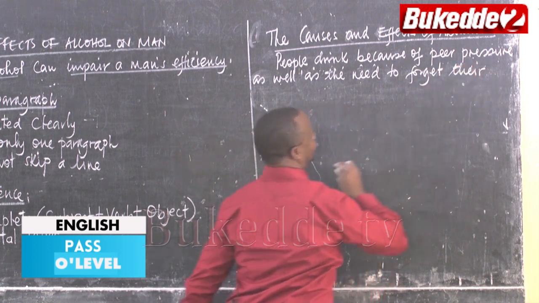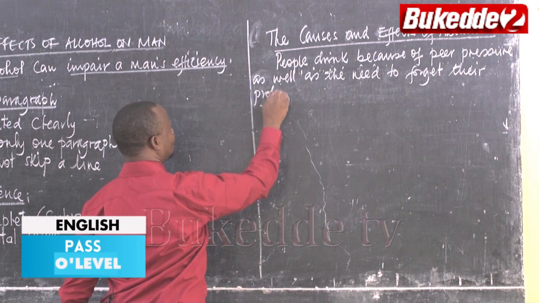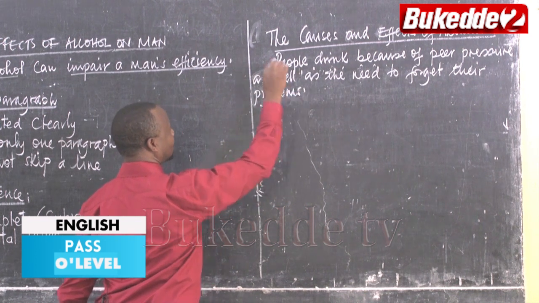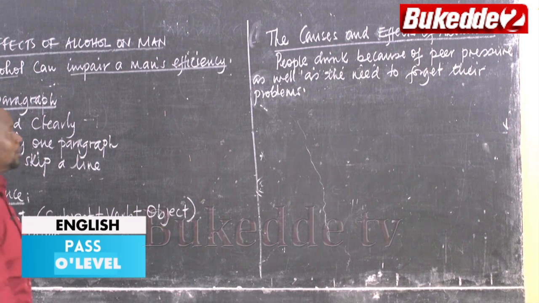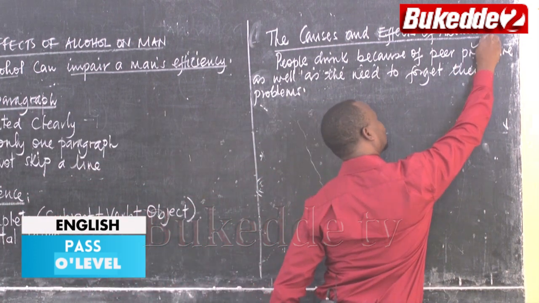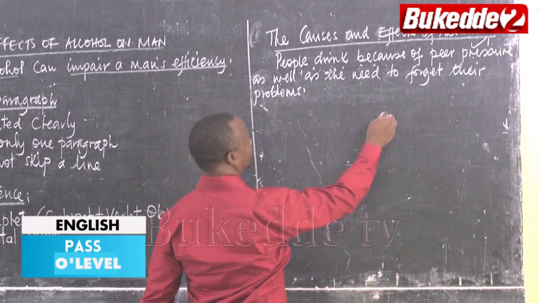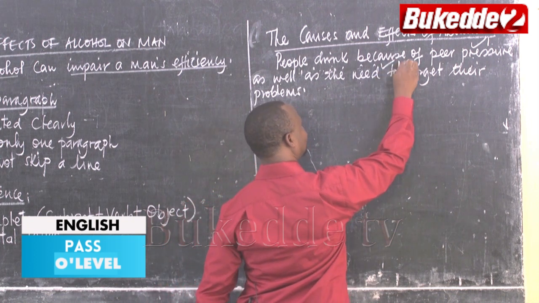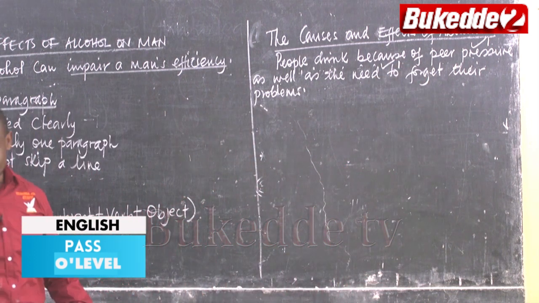These are two points. It is one sentence, but it has more than one point. So I'll give you peer pressure, tick 1, and then the need to forget, tick 1. And you'll have two points.